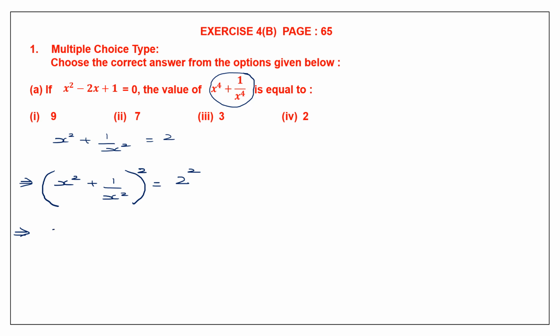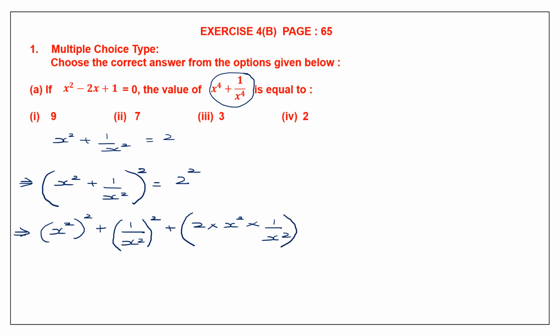It is a square plus b square plus 2ab, that is 2 into a, where a is x square and b is 1 by x square. So this is 2ab. On the right hand side we have 2 square, so 2 square is 4.